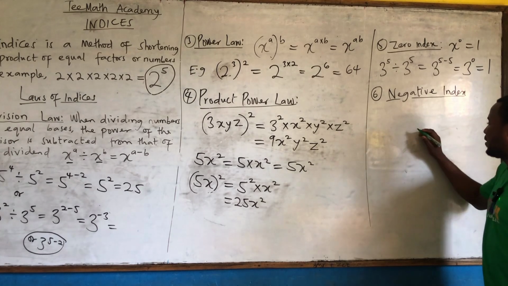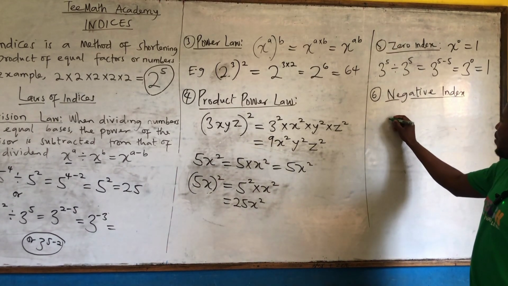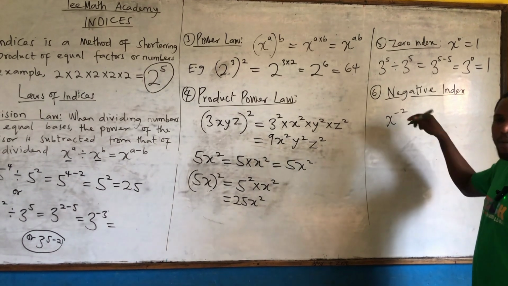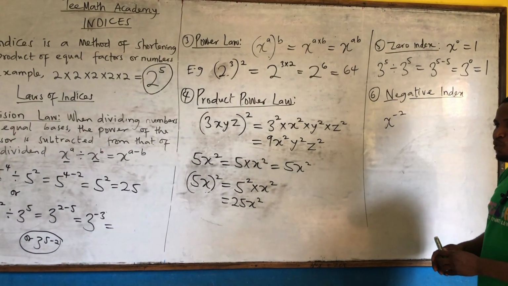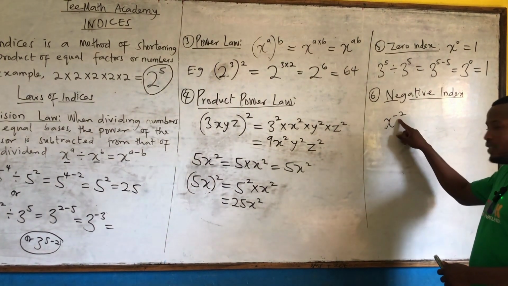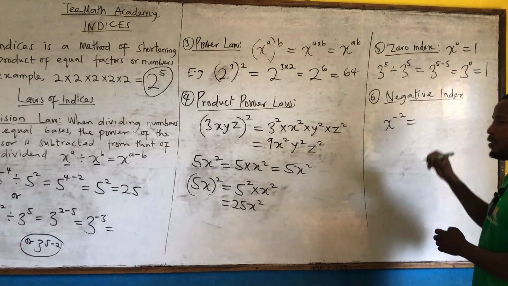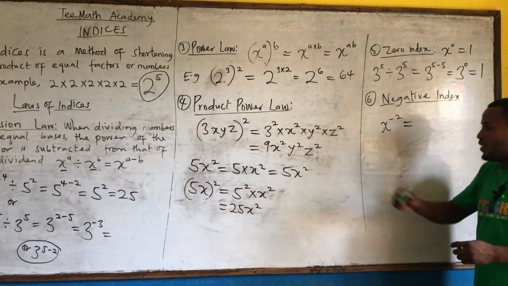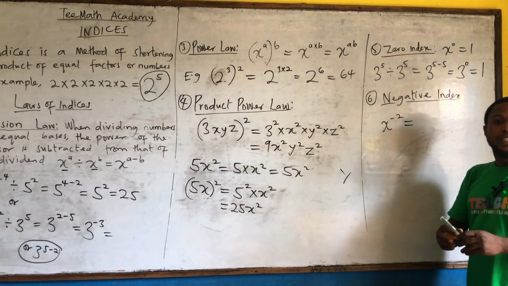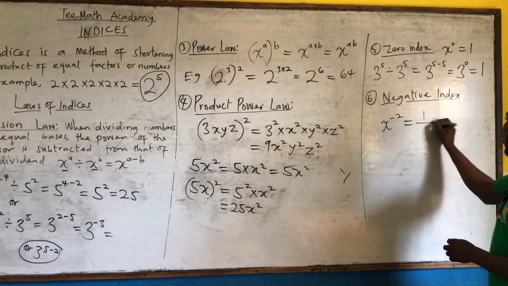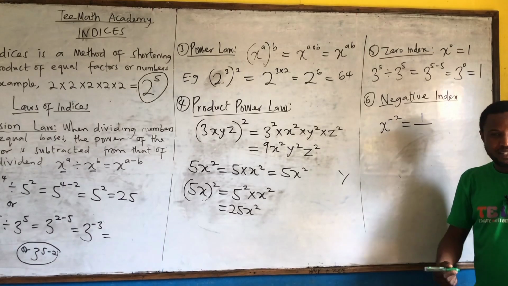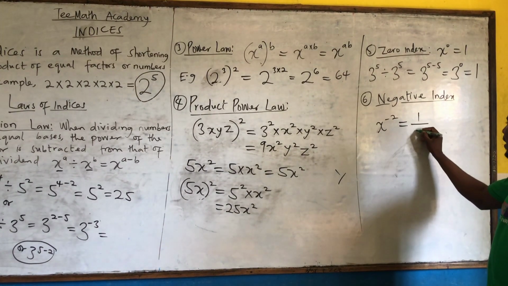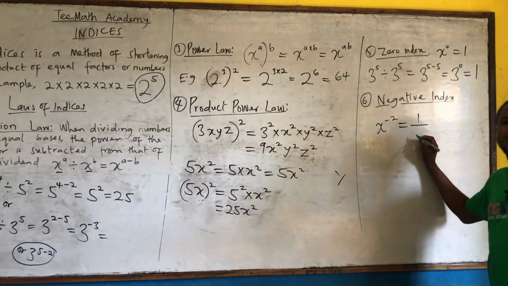Let's take, for instance, I have x raised to power minus 2. A number raised to a negative index is equal to the reciprocal. In mathematics, when you say reciprocal, you are talking about 1 over something. So it's equal to the reciprocal of the same number with the power, that is 1 over the same, but now positive.